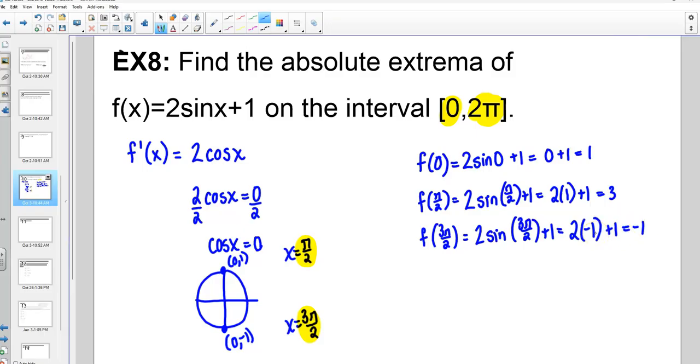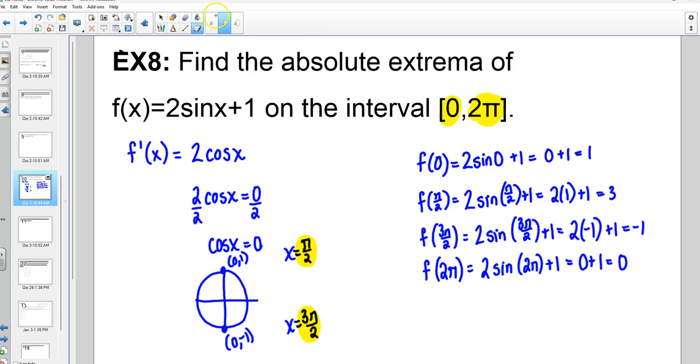I bet that is the minimum. But let's check the 2 pi as well. So 2 sine of 2 pi. 2 pi is back around to that same point where we started. So we get 0 plus 1. And just, oh, not 0, 1. There.